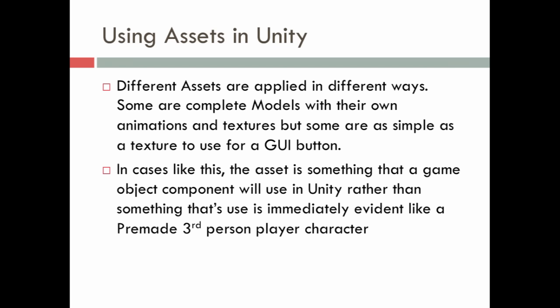And these, while they're also assets, you actually apply them a different way. You can't just drag and drop into your scene. What you will have to do is figure out exactly how Unity can take advantage of this asset. This usually will comprise finding a component that's built into Unity and figuring out how it can actually take advantage of this asset that you're trying to use.